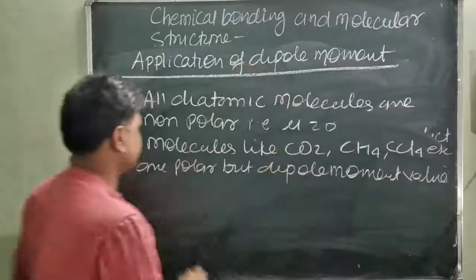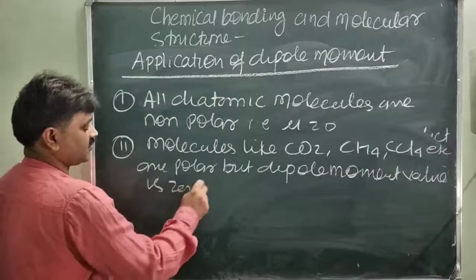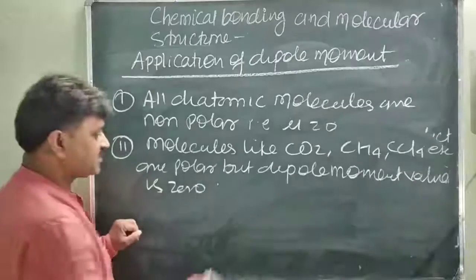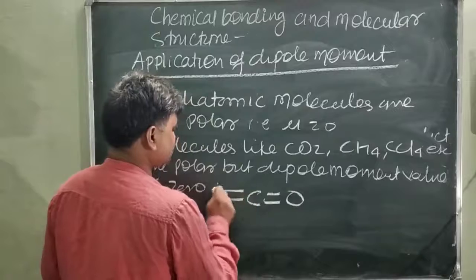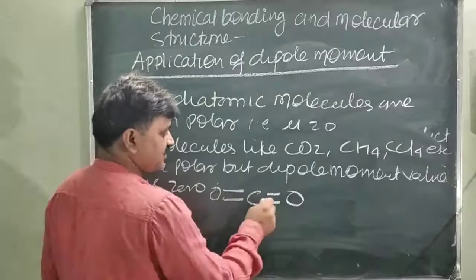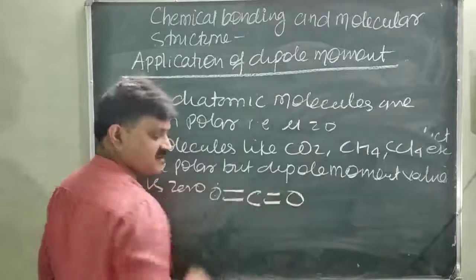Just like in the case of carbon dioxide, you will see this is carbon dioxide, CO2. Polarity develops because of the different electronegativity.